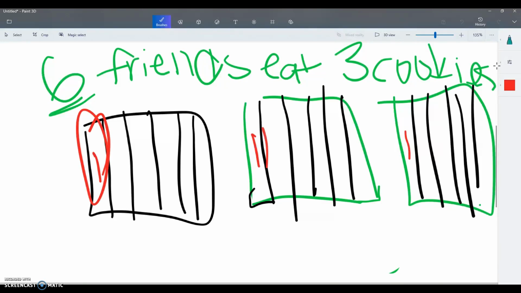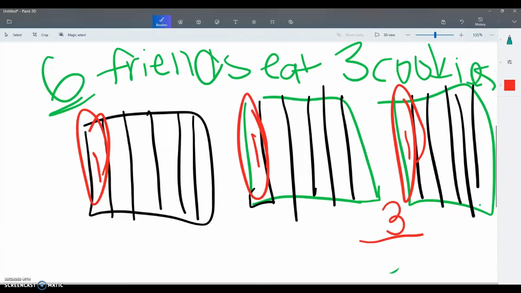So 1, 2, 3. So it's gonna be 3 the numerator, and the denominator is how many friends are in each. So 1, 2, 3, 4, 5, 6. So 3/6. It's gonna be your total.